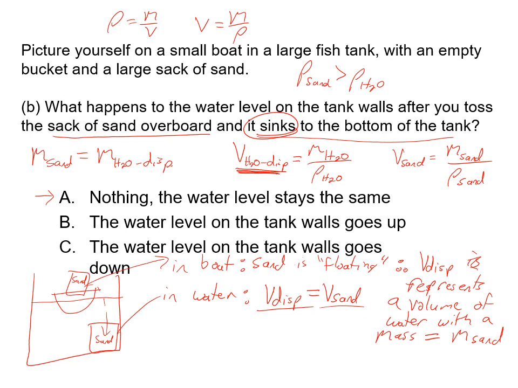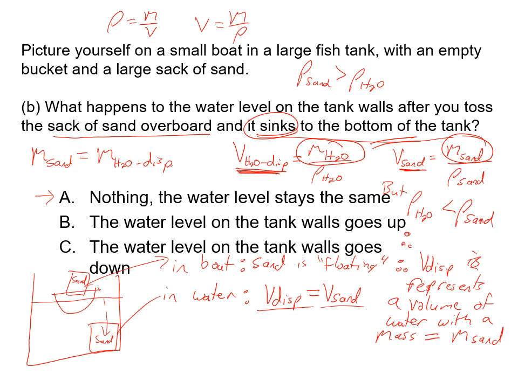If we look at being in the boat, the mass of the water that's displaced is equal to the mass of the sand. But the density of the water is less than the density of the sand. Therefore, the volume of the water that's displaced is greater than the volume of the sand.